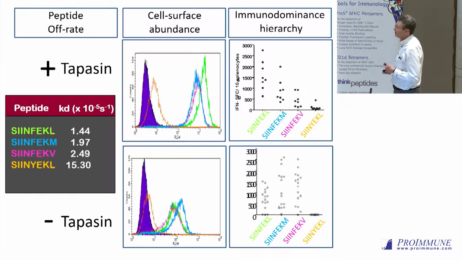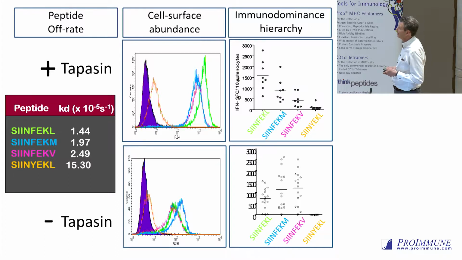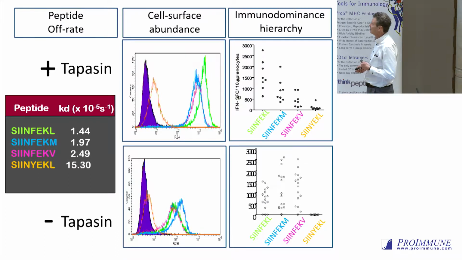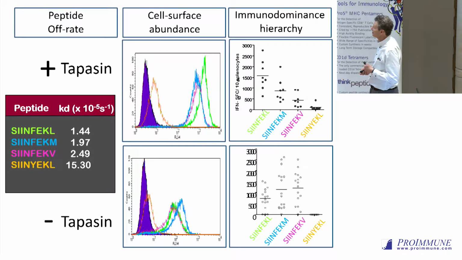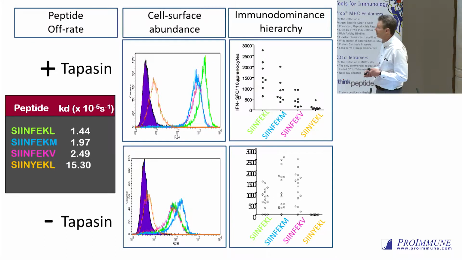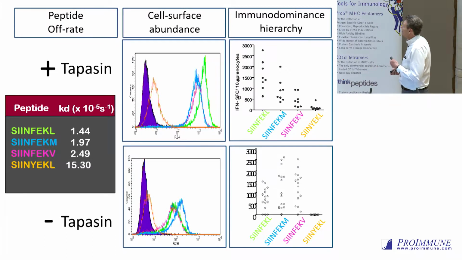We can measure the relative abundance of those peptides at the cell surface presented by H2Kb, the presentation molecule. And what we find is that the relative abundance at the cell surface correlates pretty nicely with the kinetic stability of those peptides.